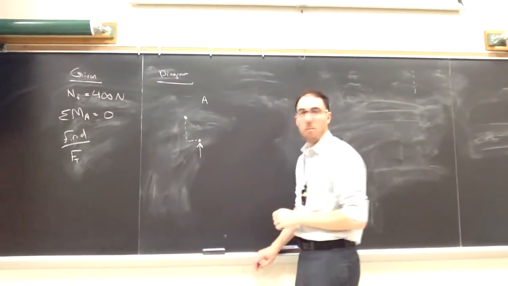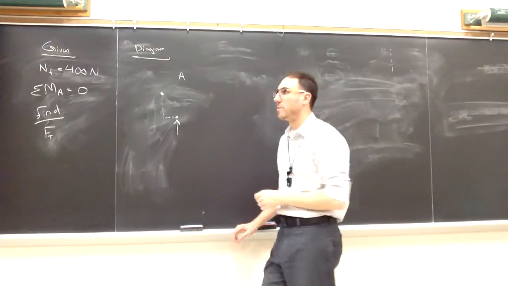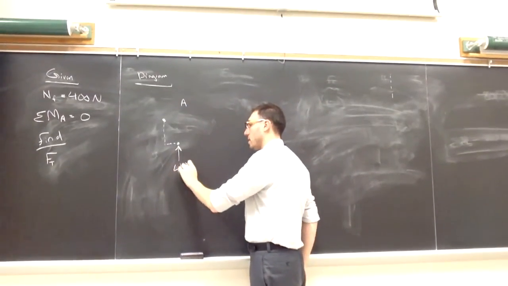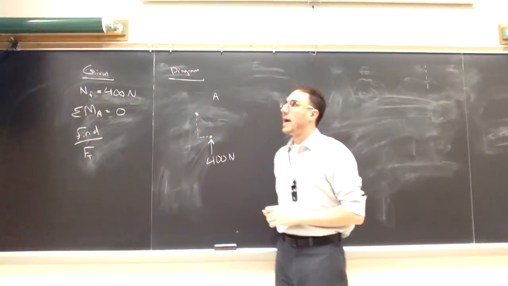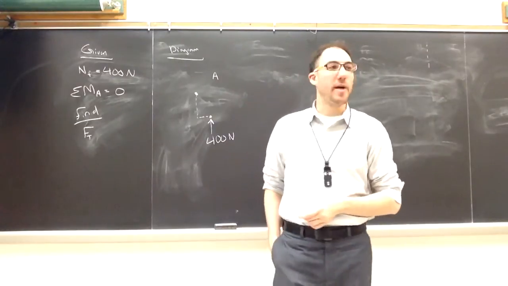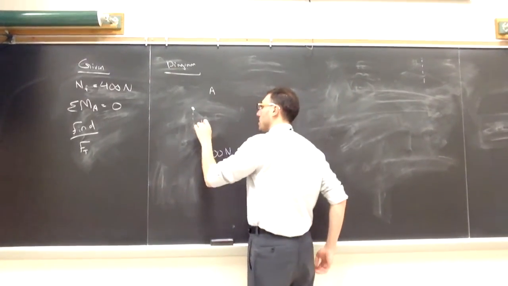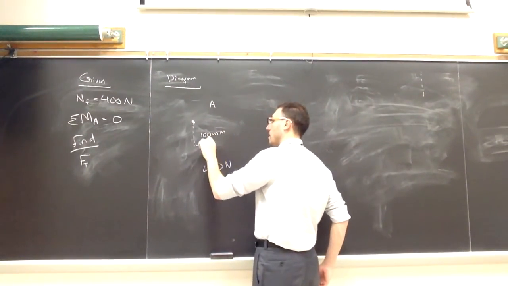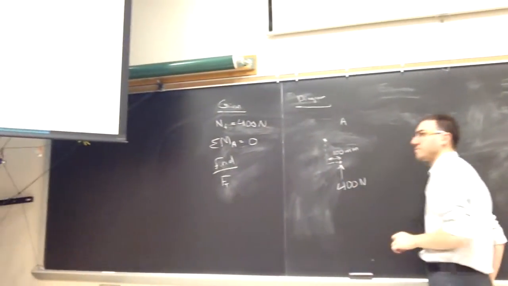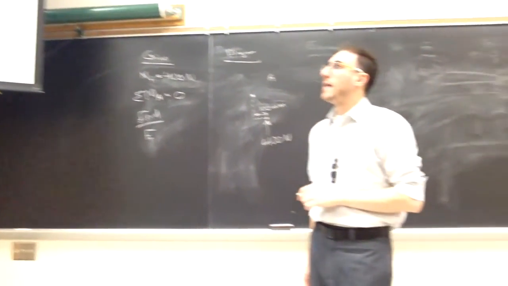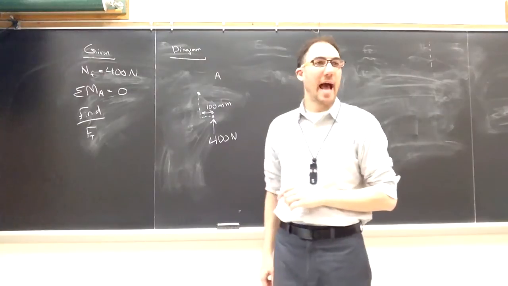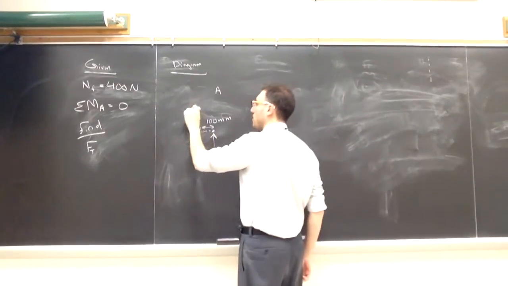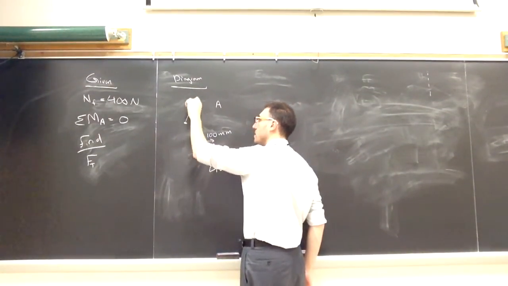So I have a normal force acting on the foot, which I was told is 400 newtons. And that's acting 100 millimeters away from point A. And I have this Achilles tendon acting, so a force from that on the foot also.